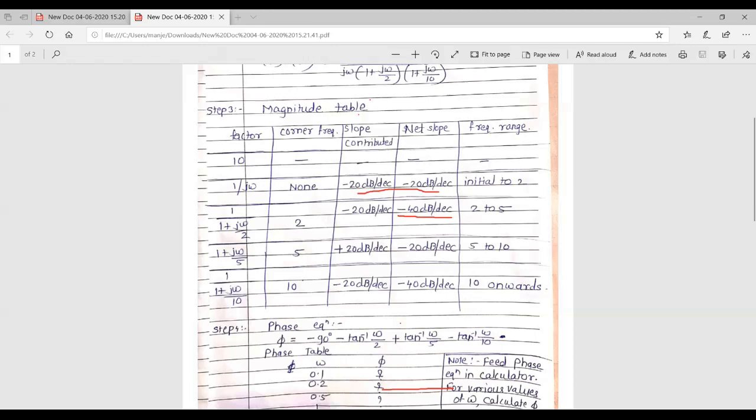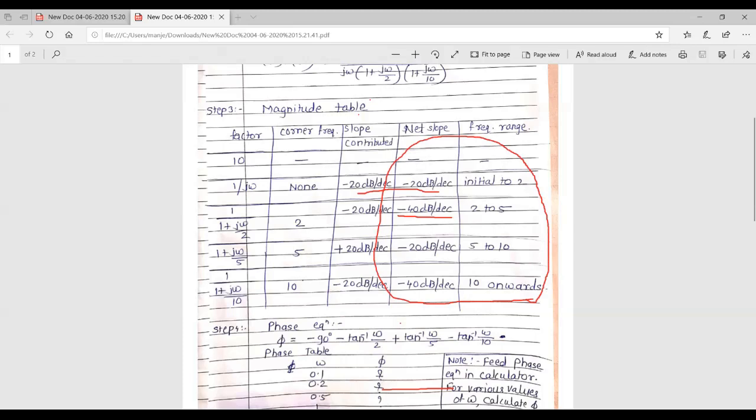This will continue up to 2. After that, the slope will be from 2 to the next corner frequency, that is 5, then from 5 to 10, and then 10 onwards. So the last 2 columns of this magnitude table are used for actually sketching the magnitude plot.